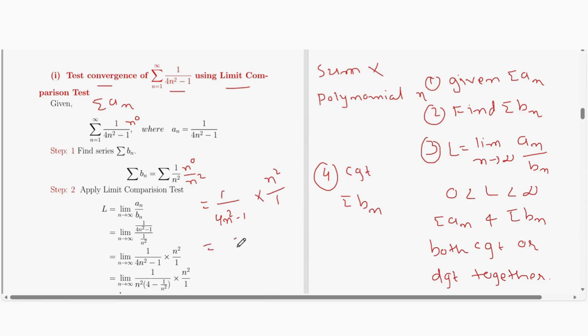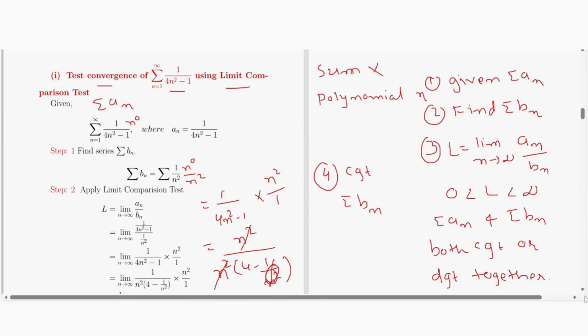Now from the denominator take n square common, so we have n square upon n square times 4 minus 1 upon n square. Now n square is cancelled out, and applying limit n tends to infinity, this term becomes 0. So the answer is 1 upon 4.